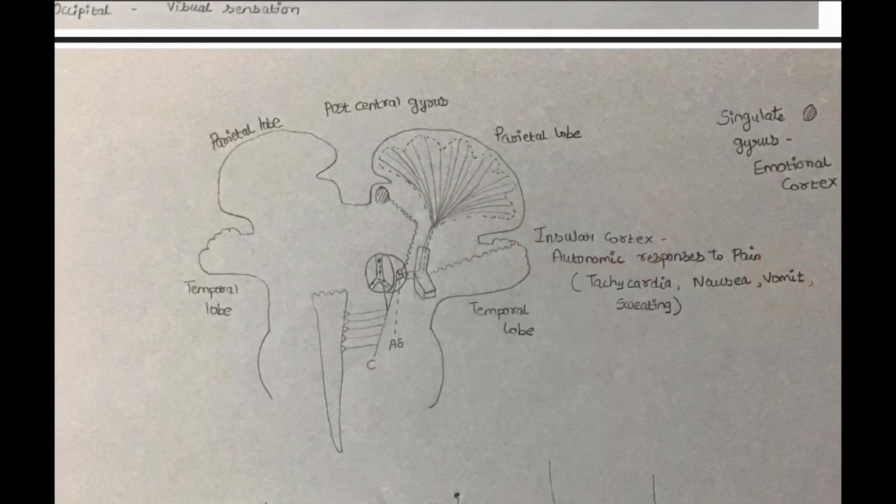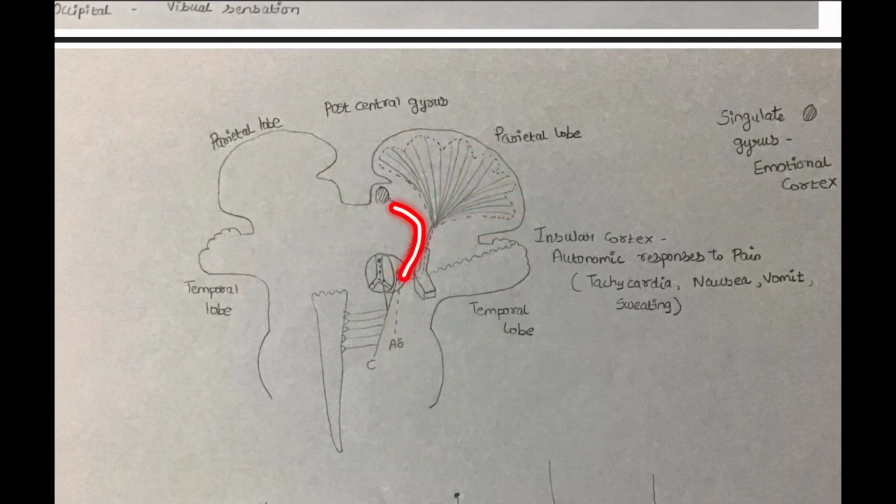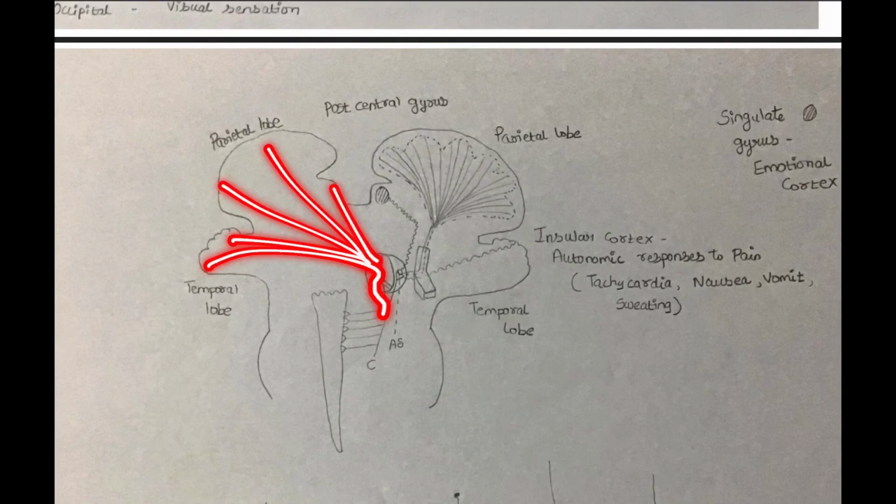So when your pain fibers from the slow pain and fast pain go to the nuclei of the thalamus, they go to the cerebral cortex through the posterior limb of the internal capsule, and some go to the emotional cortex and some go to the insular cortex. And this particular slow pain fibers, we have already discussed that some will go to the intralaminar nuclei of the thalamus and go to the cerebral cortex.